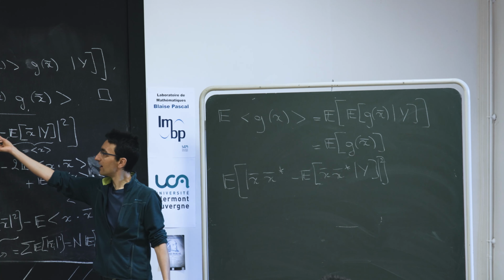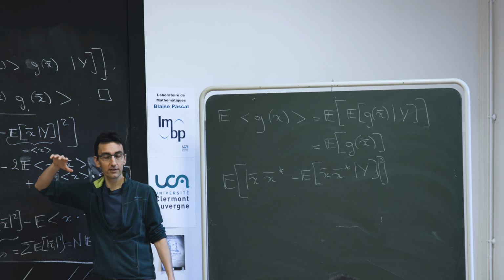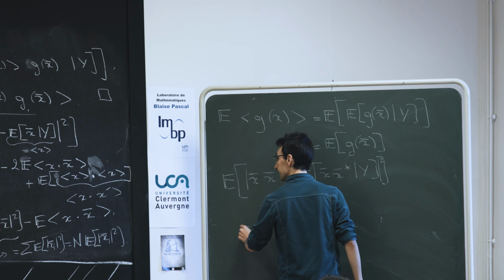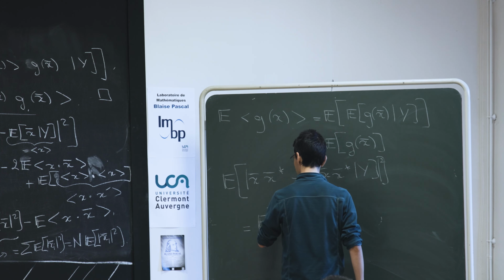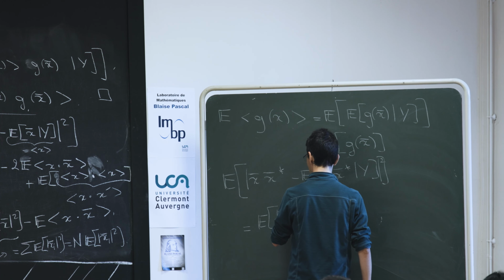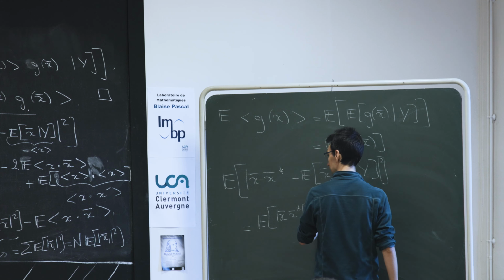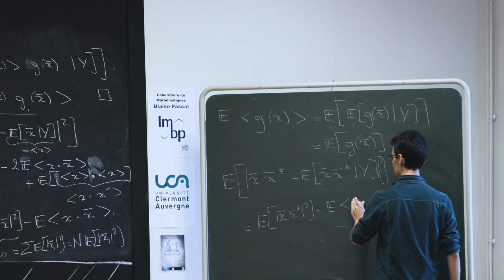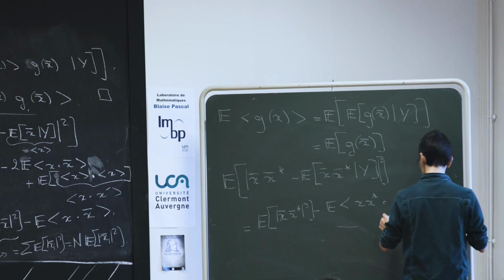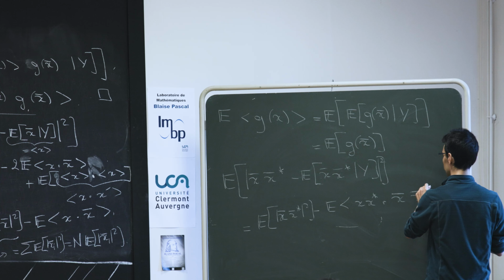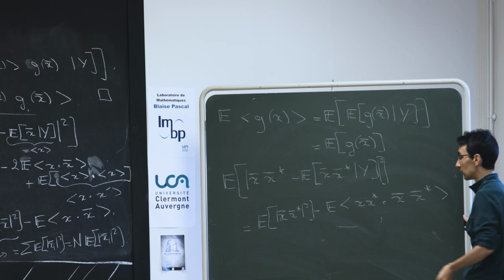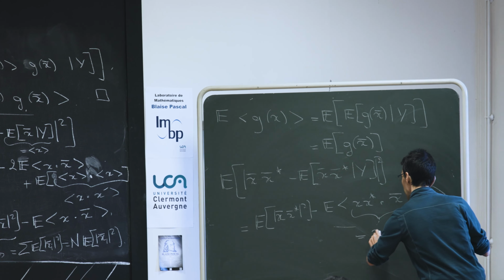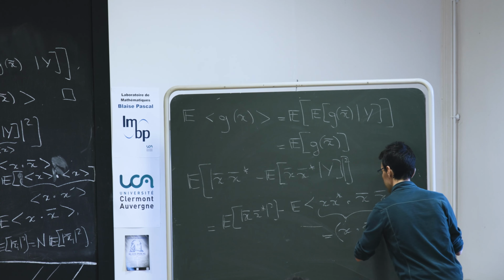In fact, every time you have written x or x bar, you write x star or x bar star. So it's exactly the same calculation, and you get the expectation of x bar transpose squared minus the expectation bracket of x transpose dot x bar transpose. Exactly the same calculation. And again, if you like, you can do these interchanges as before and write this as x dot x bar, everything squared.